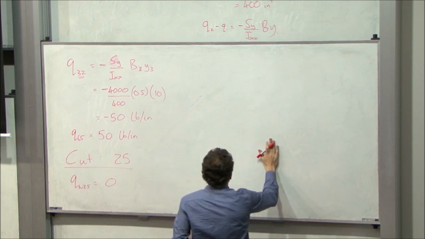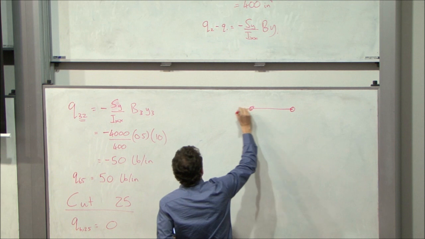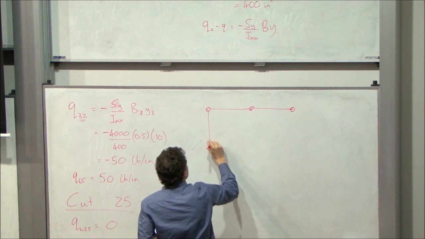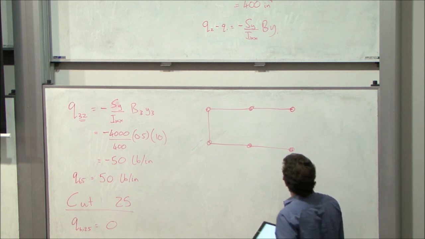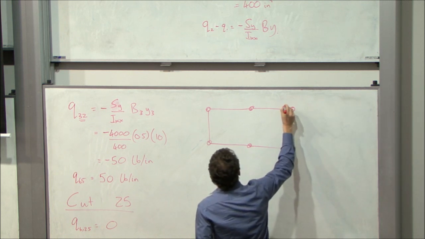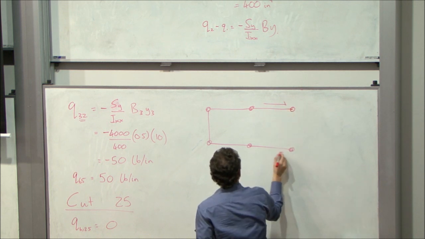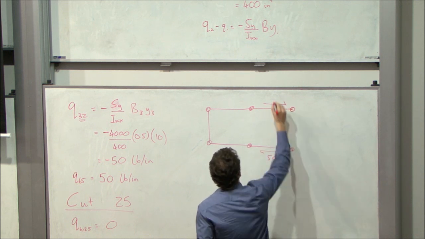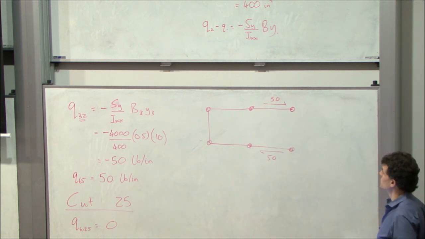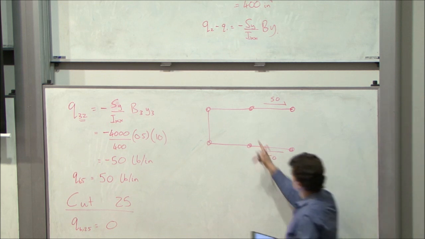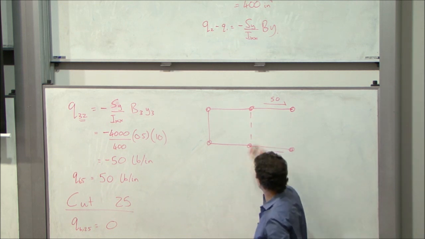Okay, so now the section looks like this. And we know we've got a shear flow acting like that already. We've got one in here that we've cut that's 0.